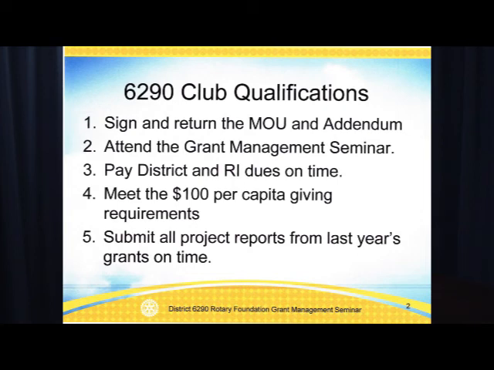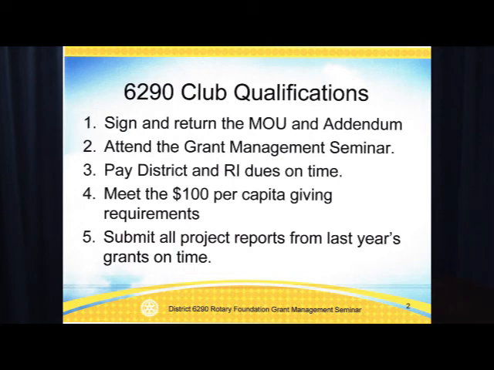To be eligible to receive matching funds from 6290 district designated funds, your club must have given at least $100 per capita to the annual fund of the Rotary Foundation in the previous Rotary year. If your club has not met this threshold by June 30, 2018, it cannot receive matching funds from the DDF, but you can apply for global grants.